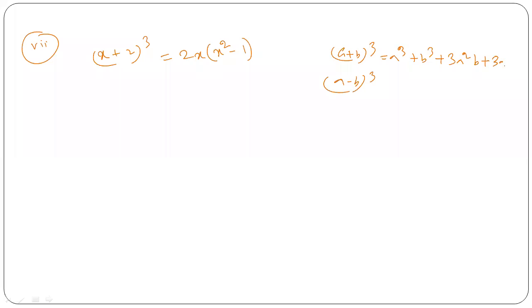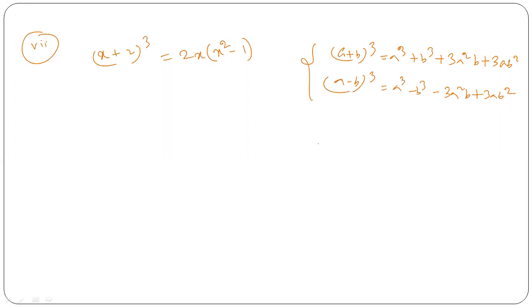Yes or no? If you break the bracket, it will be like this, and here it will be a³ − b³ − 3a²b + 3ab². Yes or no? So this is the formula.